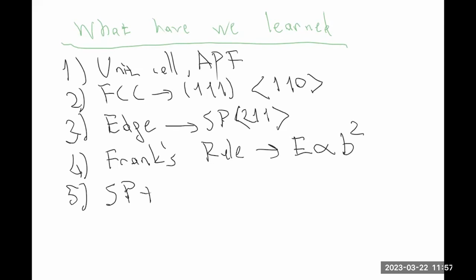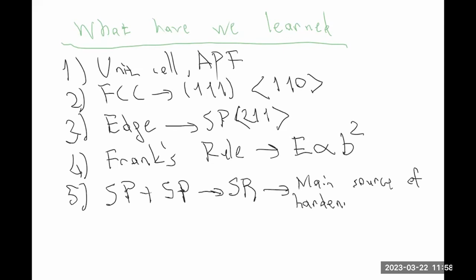Shockley partial plus Shockley partial, we create stair rod dislocations, which are the main source of hardening in FCC.